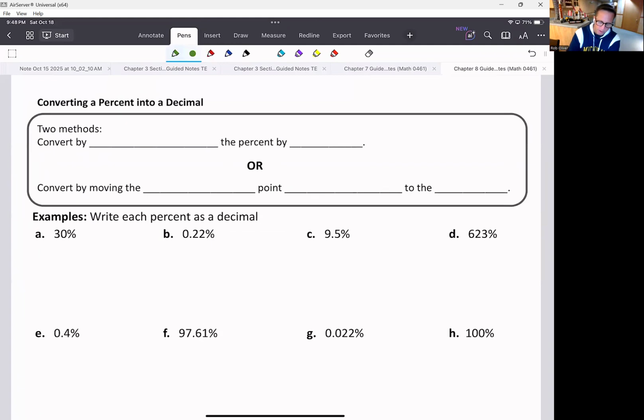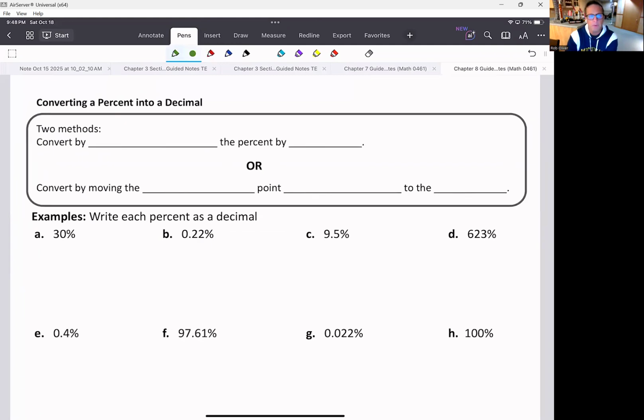Moving on to the next part here, converting a percent into a decimal. Now, this is actually a pretty easy thing to do. There's a couple different methods. One method is to convert by dividing the percent by 100.